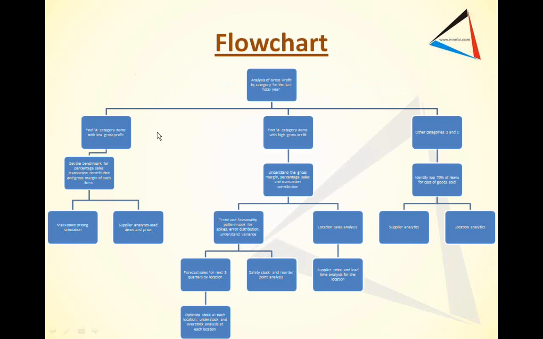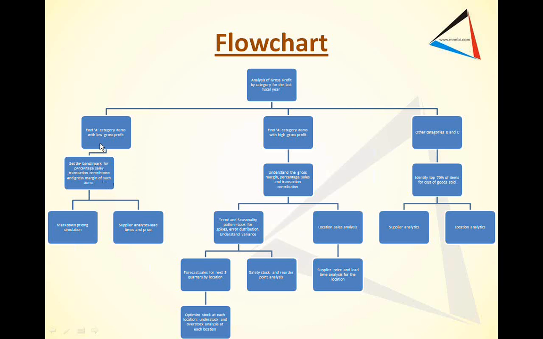So this is our complete flowchart for doing the complete analysis. We first look at the gross profit analysis by category for the last fiscal year. Look at the category A items with low gross profit, high gross profit, and other B and C category items. We set the benchmark for the percentage sales for transaction contribution margin.